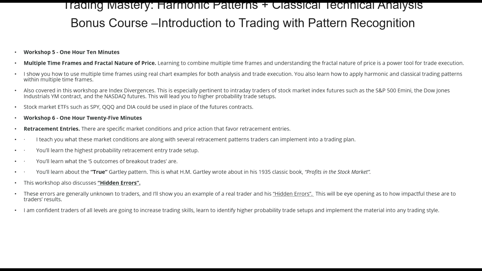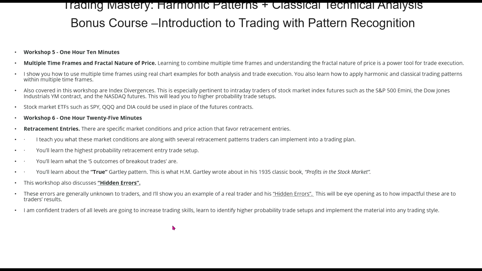There must be more there in order to put the probabilities on your side. So that's what we talk about with this particular topic. And then I also talk about hidden errors. These are errors that traders really don't know that they're making, but they're having a very large impact on their bottom line. So I think it's important for you to understand what those are.